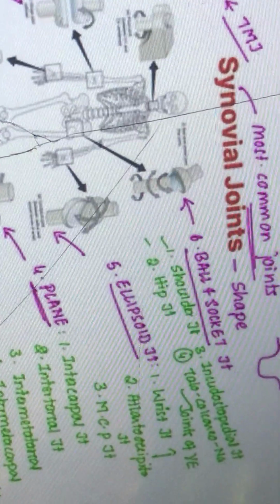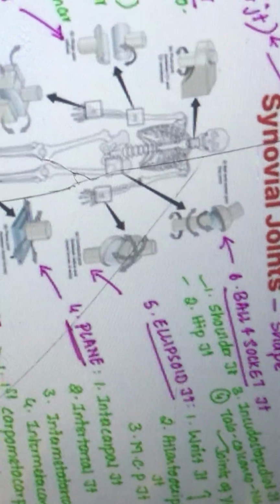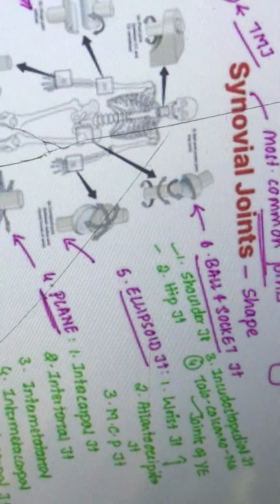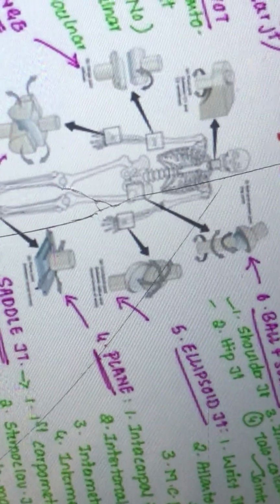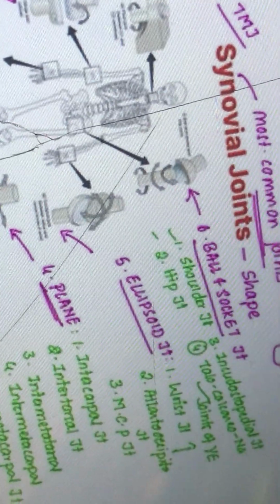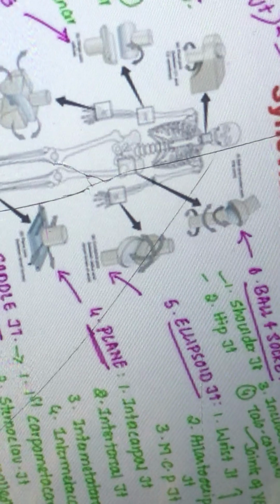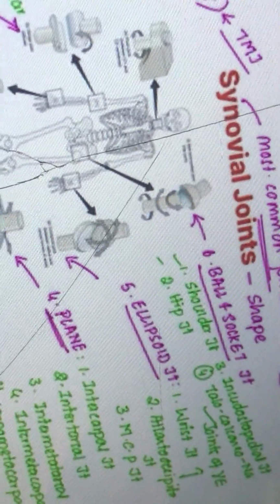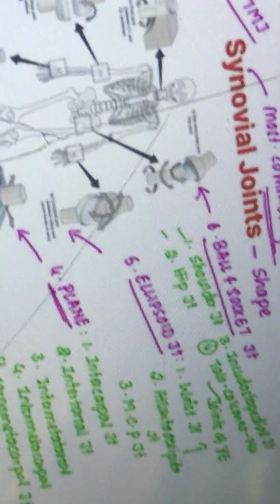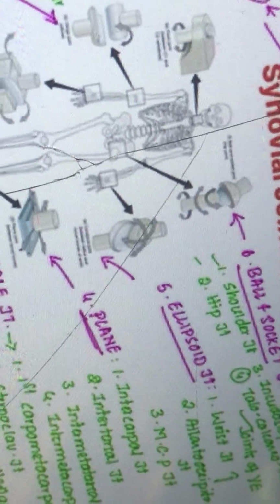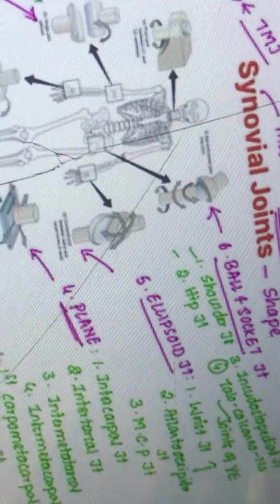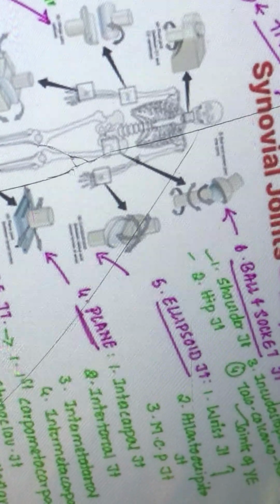Or they will give the name of the joint and they will ask you which of the following joint is, let's say, a ball and socket joint. Which of the following joint is an ellipsoid joint or a saddle joint. So both types of questions can be framed. Right? Fine. Now this is about the detailed classification of synovial joints according to shape.